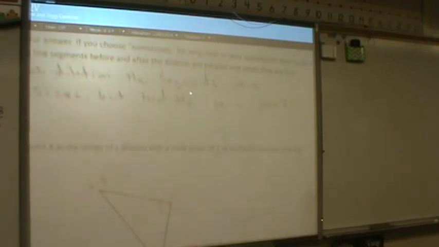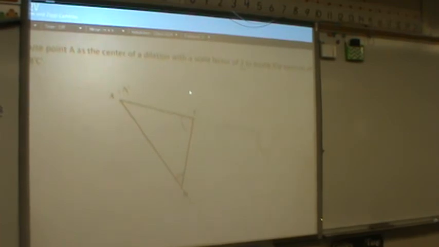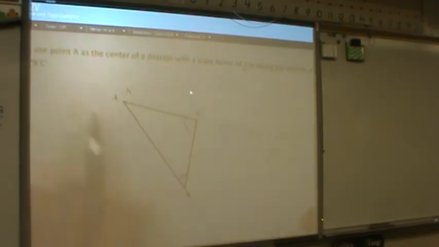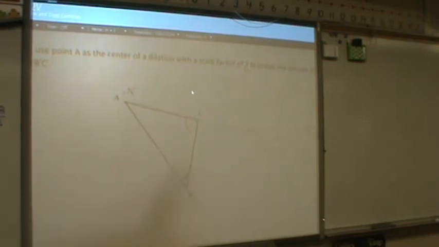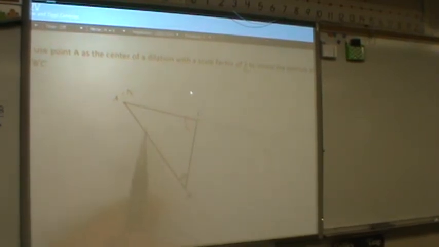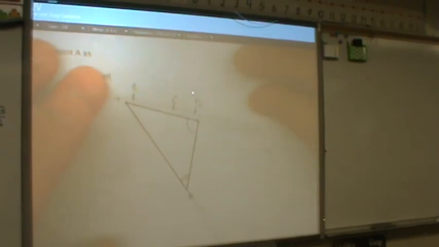That's one example. So I'll go ahead and show you here on number 5. As we dilated it with a scale factor of 2, how would I have done that? All right, but AC is in the same position as A prime C prime. All right, no problem. But how would I have done that?